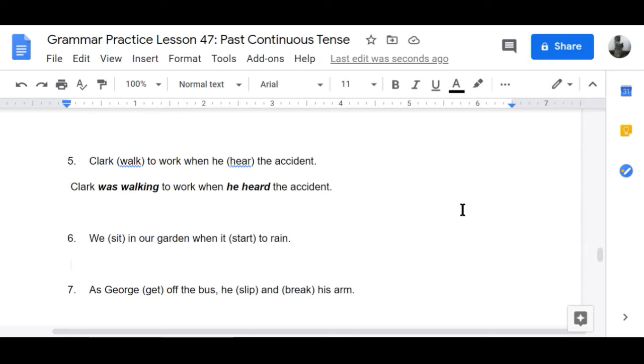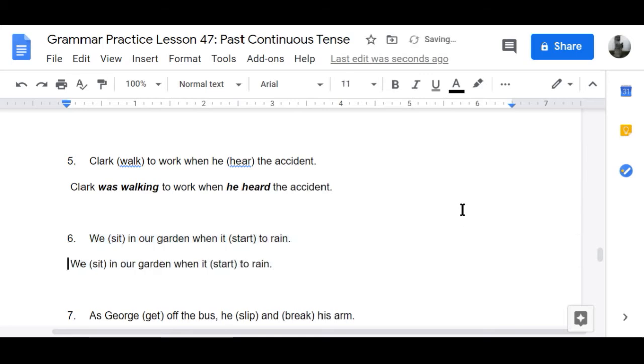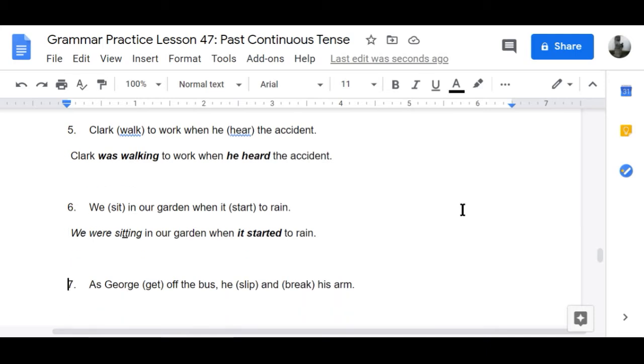We in our garden when it to rain. We were sitting. The first thing that was happening was we were doing what? We were sitting. CVC rule, double T. We were sitting where? In our garden when it started. Now we have past tense when it started to rain. Okay, we were sitting when it started to rain.